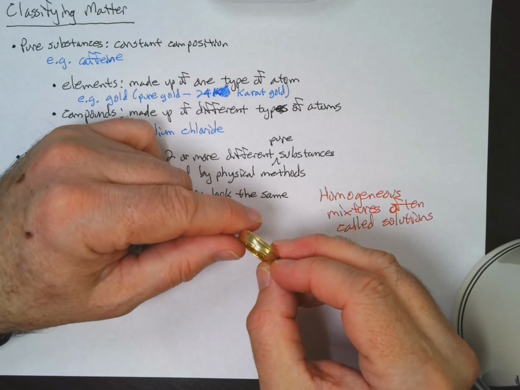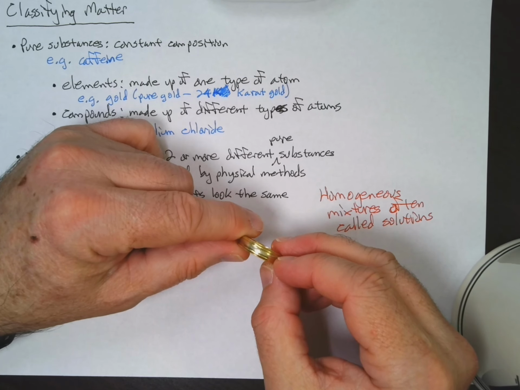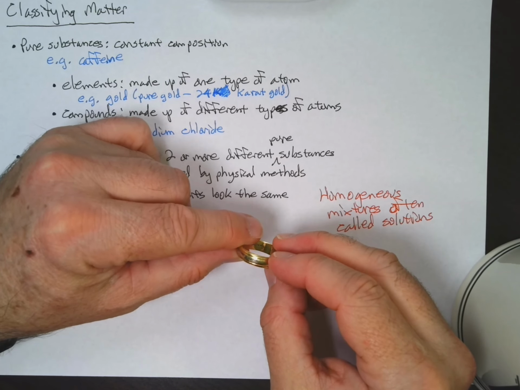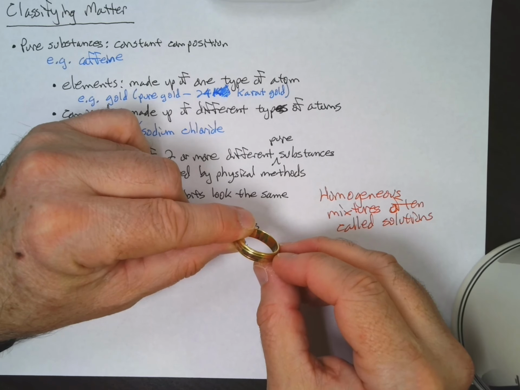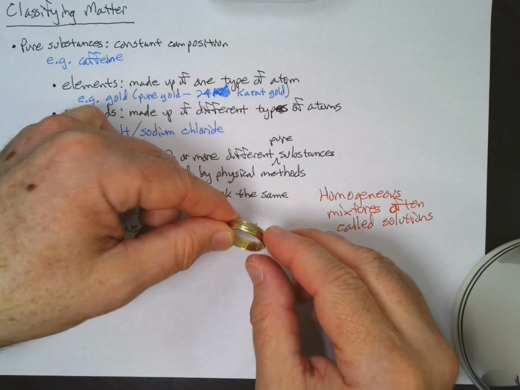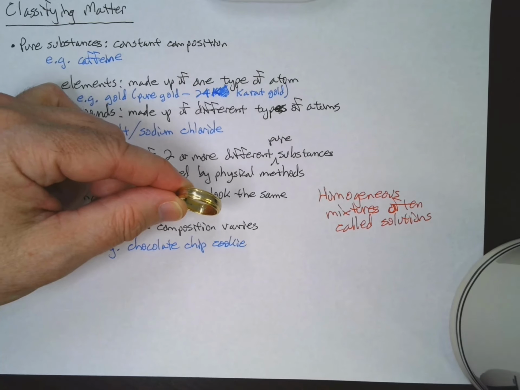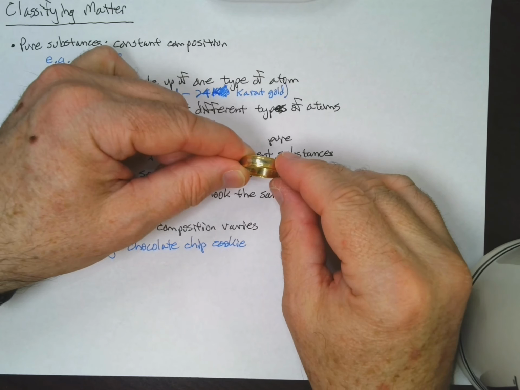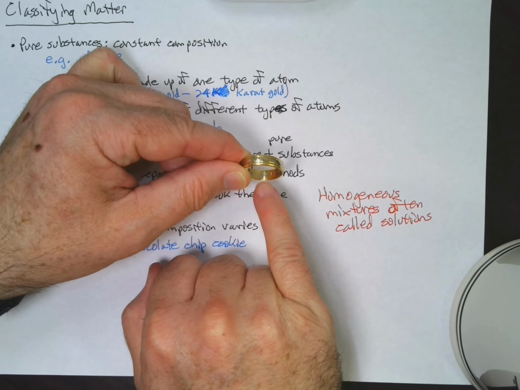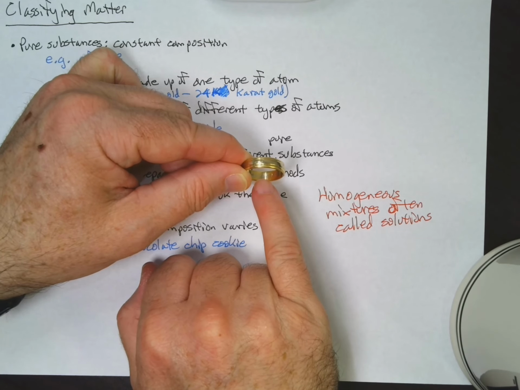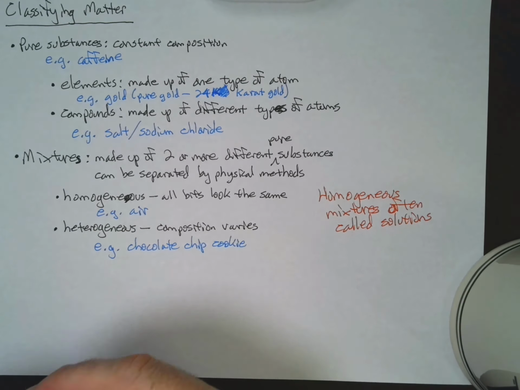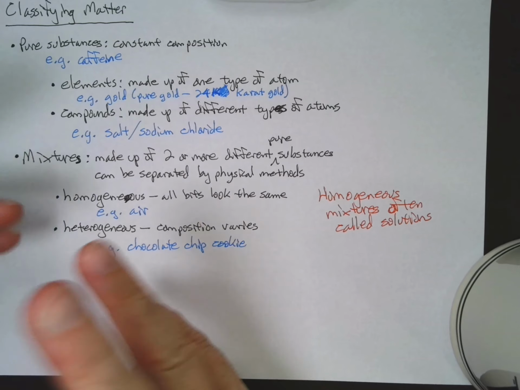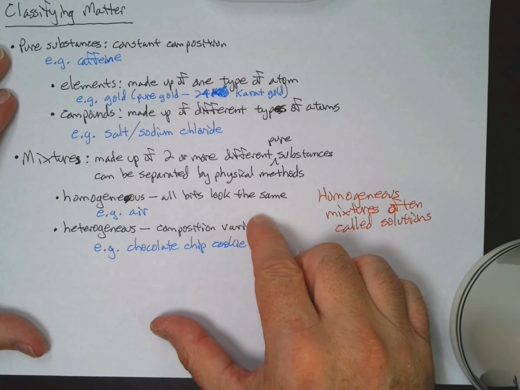Now if you look really close, you can see that the center part is a slightly different color than the outer parts. Let me turn this light on here, see if that helps. Not really. But you can see that the center bit is slightly different. That's white gold, and the rest is yellow gold. White gold is gold, just with a different percentage of silver and copper relative to yellow gold.